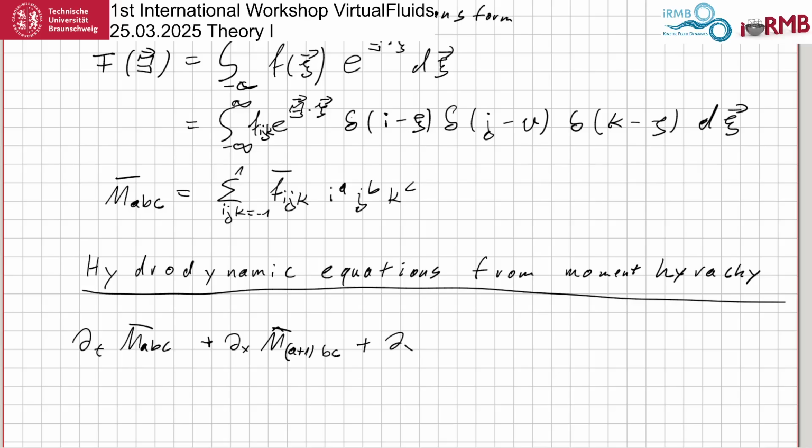Plus d/dy of M with A, and now B is counted upwards, and M_ABC is counted upwards, and apparently I've forgotten something in my notes.